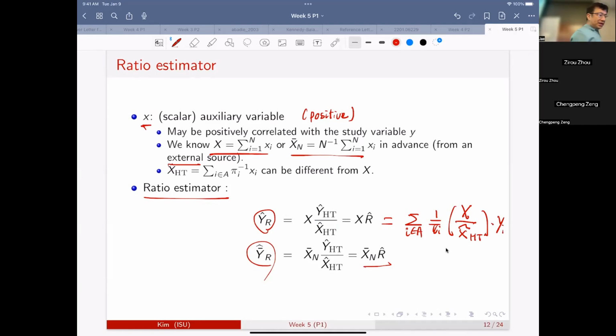So if you write it this way, this is linear in y. This factor is a random variable.